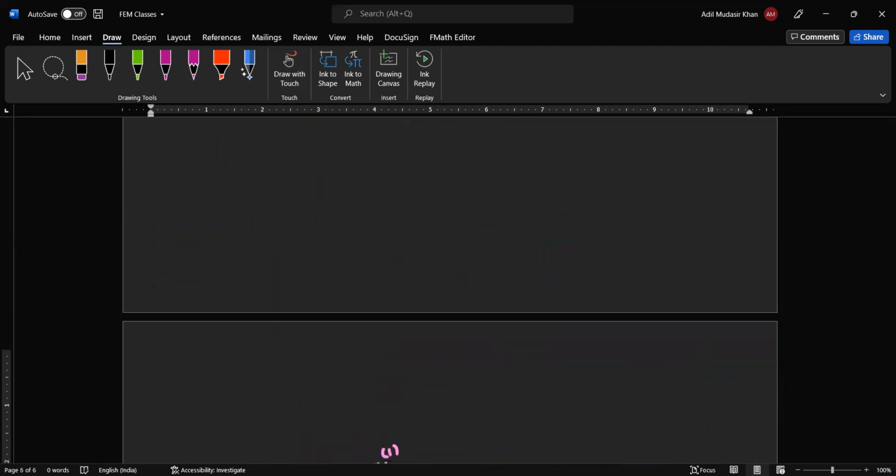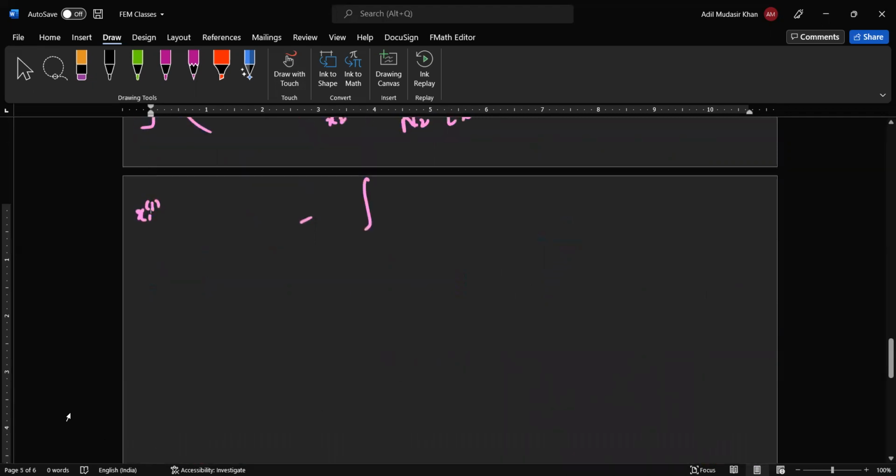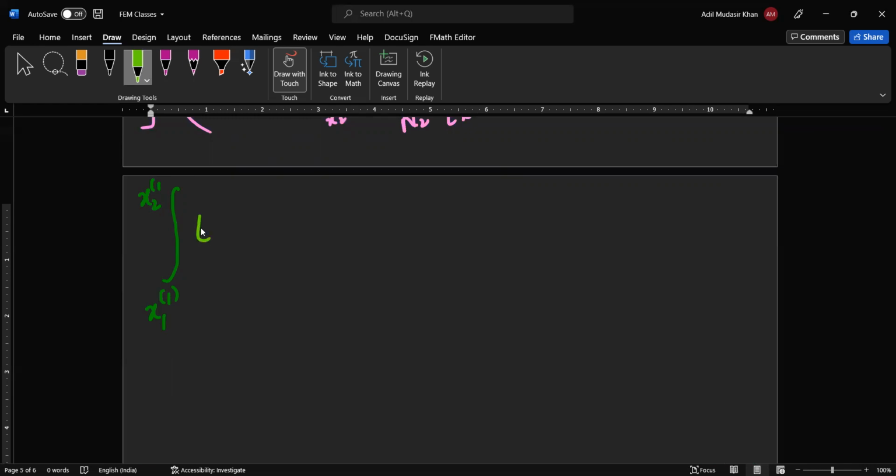We can write these equations as integral. Now this is a very important step that we are performing. x1 of element 1 to x2 of element 1, and we'll take this EA out. This is how we'll be writing both the equations for element 1. So please pay attention to this, and curly brackets.